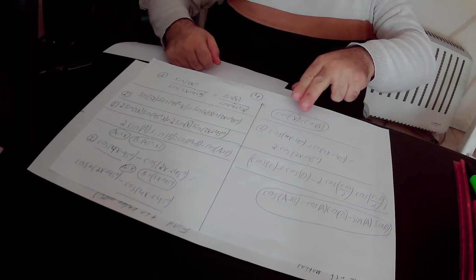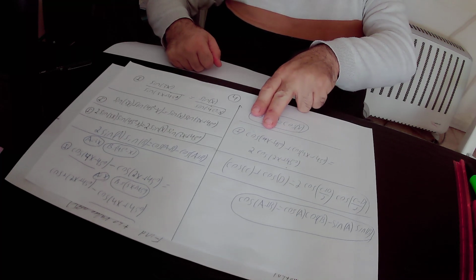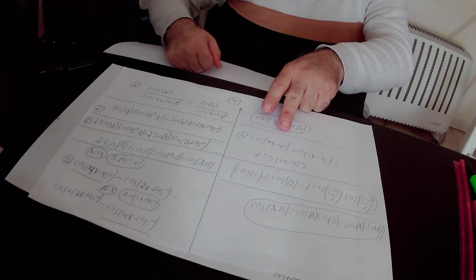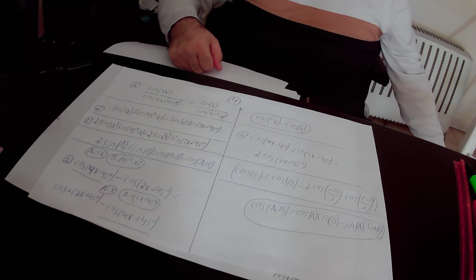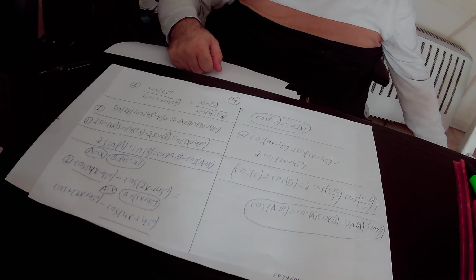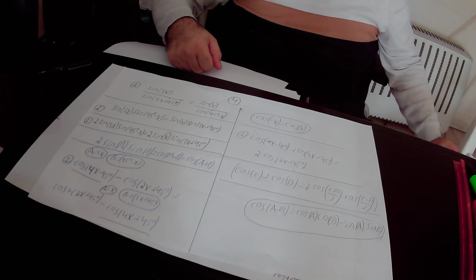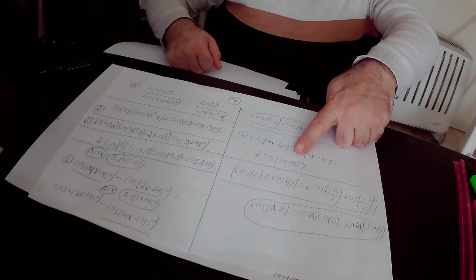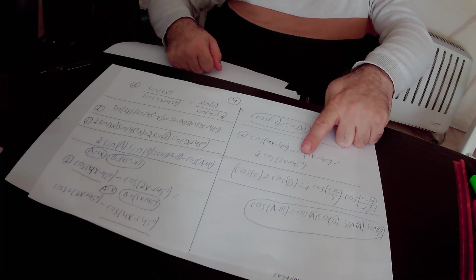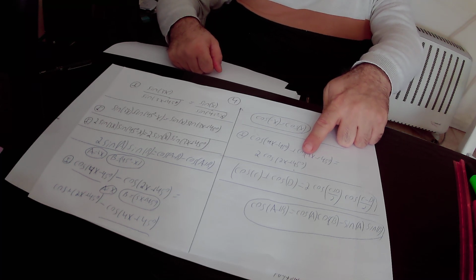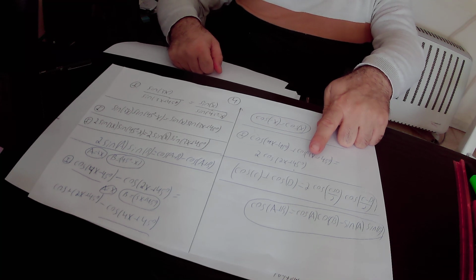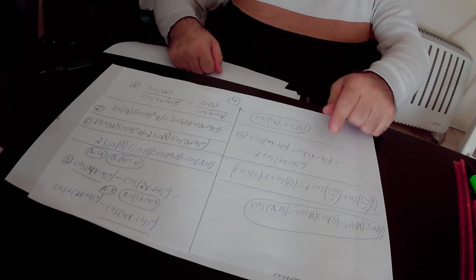Here we can use the trigonometric identity that cosine c plus cosine d equals 2 cosine c plus d over 2 times cosine c minus d over 2. And we also have here 2 cosine 2x plus 45 degrees. We can use the identity that cosine a plus b equals cosine a times cosine b minus sine a times sine b.